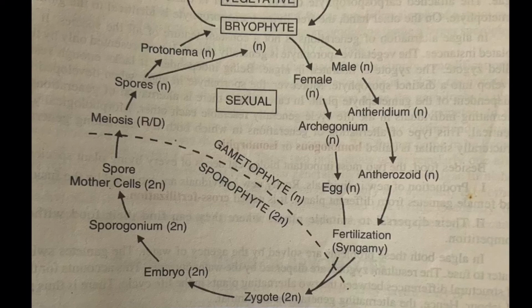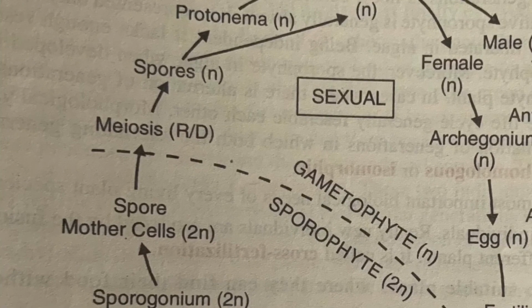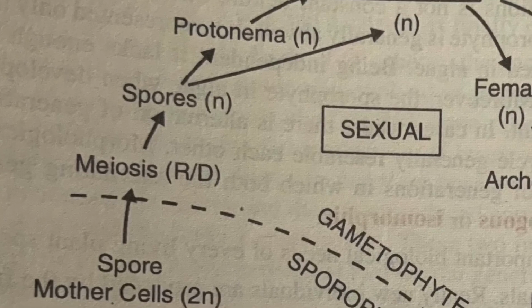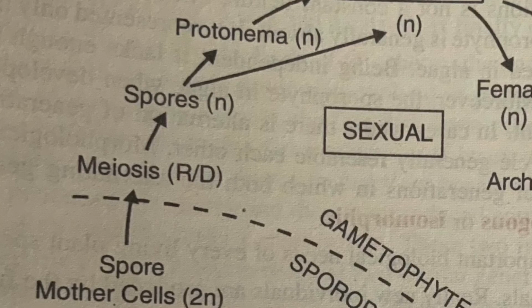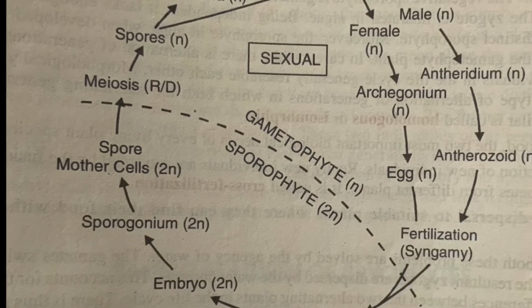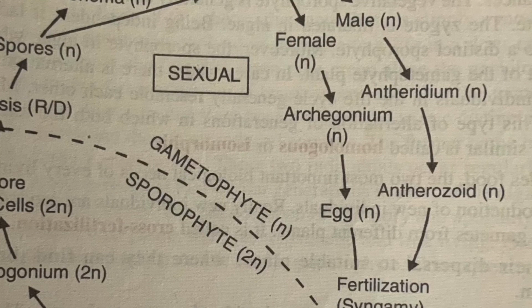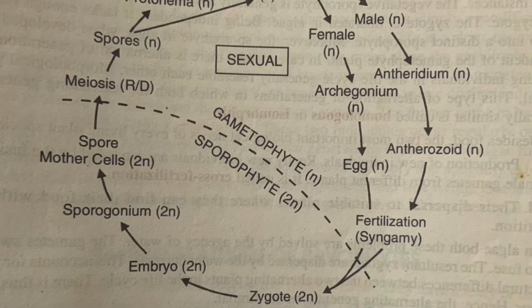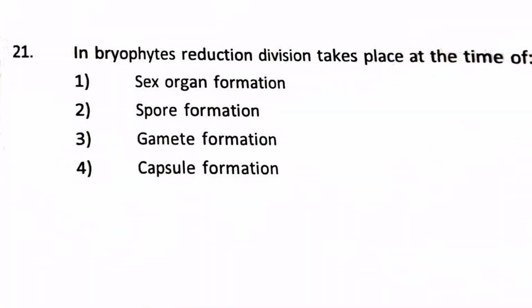Notice that the sporophytic phase ends with the spore mother cells, and then the reduction division takes place, and the first stage after reduction division is the spore stage. The female archegonia and antheridia, which we can see over here, are already in their haploid stage, and they did not undergo reduction division to form the gametes. So clearly the answer is spore formation, when the reduction division takes place. So the answer is number 2.